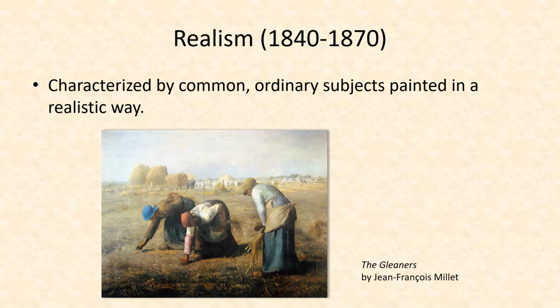And then likewise, in their artwork produced during this time, artists wanted to show ordinary subjects doing regular, normal, everyday things, and in a very realistic way, hence the word realism. So if you look at this, it does kind of look like a photo of an action shot of people doing certain things in the fields here, gleaning items from the field.